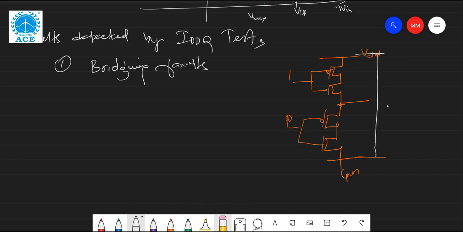If this is shorted, it is nothing but bridging. So IDDQ finds such types of faults also.